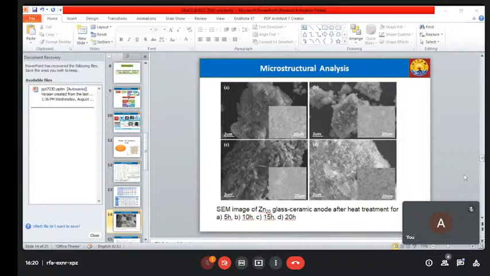So after completing all this life cycle and electrochemical analysis, I went for structural characterizations like XRD and SEM analysis after my cycles.